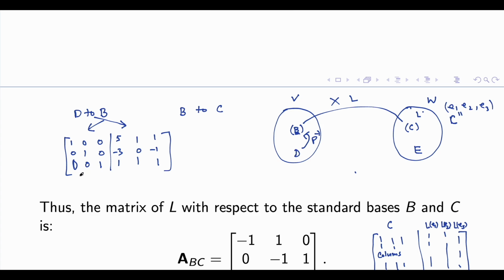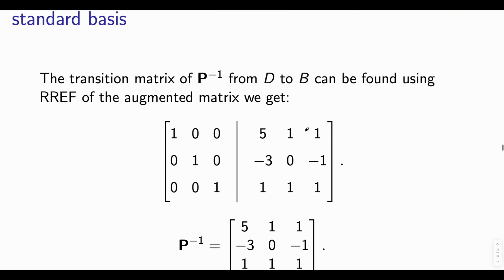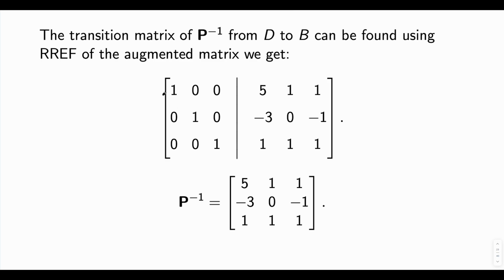Now since this is again the standard case, this is I3, already in RREF reduced form, and then this becomes your P inverse matrix from D to B, right? So P inverse can be easily obtained by using this. And RREF is not at all applicable here because it is already in RREF form, right? So P inverse is obtained.